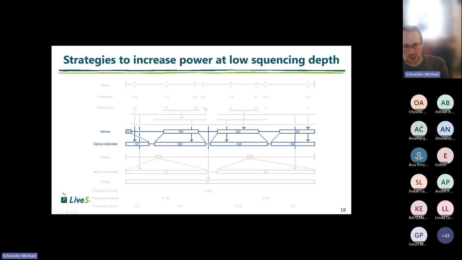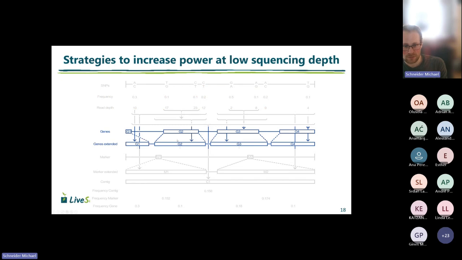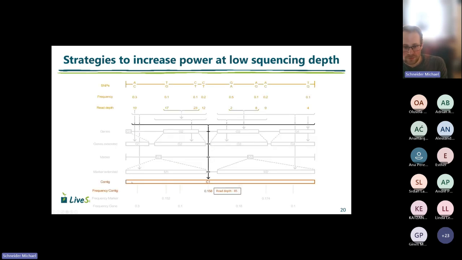You see this one sitting outside the gene, which is very common. The majority of the SNP markers we find on the genome are not inside the gene, but rather in the intergenic regions. When we extend our gene artificially, we could also do this for a given marker that we know, extend this region, or even do it for an entire contig, like we have seen before.